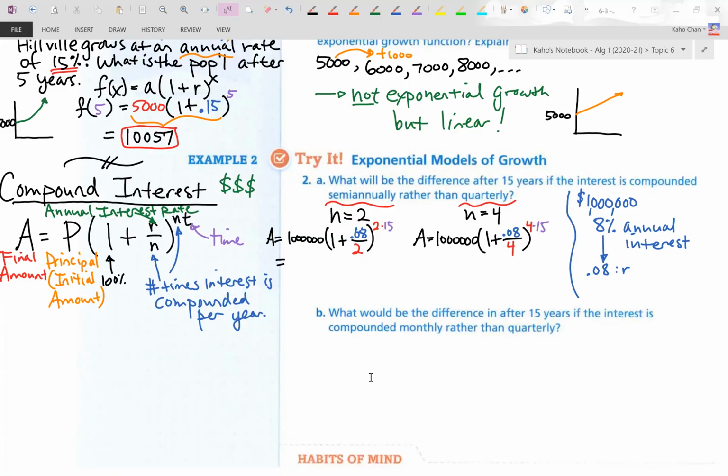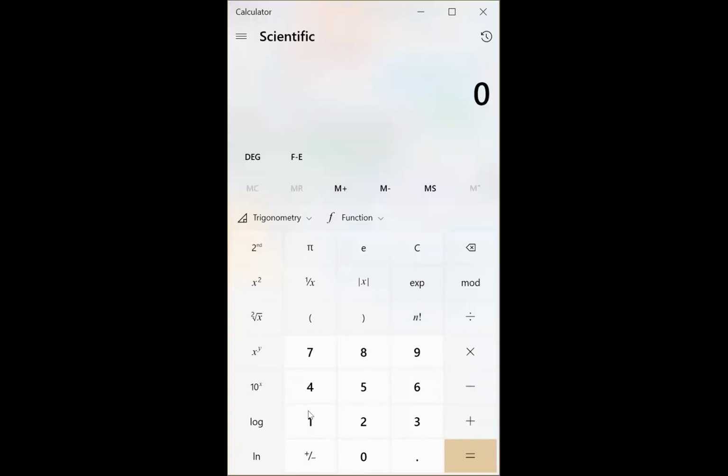Okay, I'm going to punch in both scenarios right now into my calculator. Here we go. 1 million bucks times parentheses, 1 plus 0.08 divided by 2, close parentheses, to the power of 2 times 15. I get this wacky, crazy number. Woo! That's a lot of money.